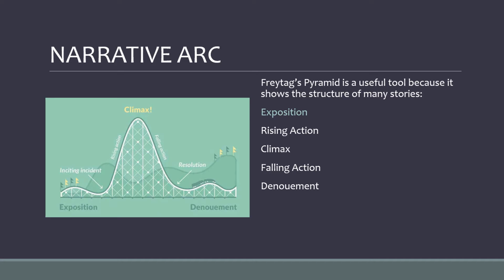How is your reader going to differentiate among these characters? How are you going to make each character come alive? And of course, you're going to introduce us in the exposition point of the narrative arc. You're going to also introduce us to the setting. So where is this story taking place? And please don't forget that setting includes time. So what time period is your story taking place in?